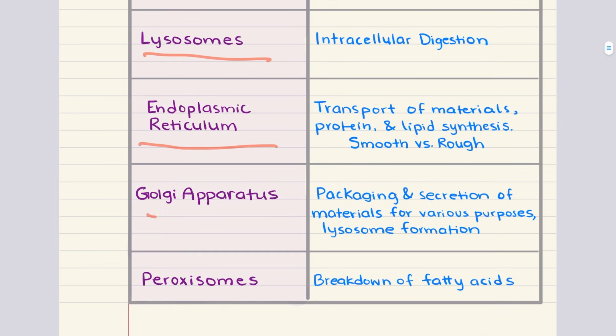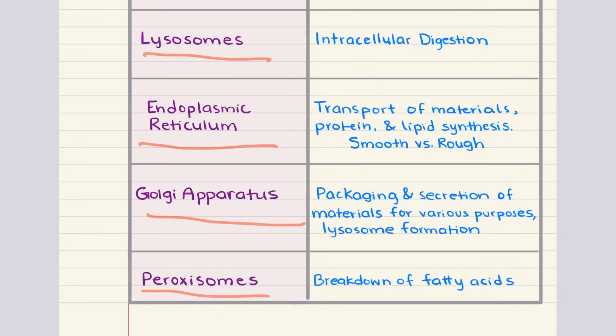The Golgi apparatus modifies, packages, and sorts proteins and lipids for delivery to their final destinations. It also contributes to the formation of lysosomes. Lastly, peroxisomes carry out oxidative reactions, including the breakdown of fatty acids, and detoxify harmful byproducts.